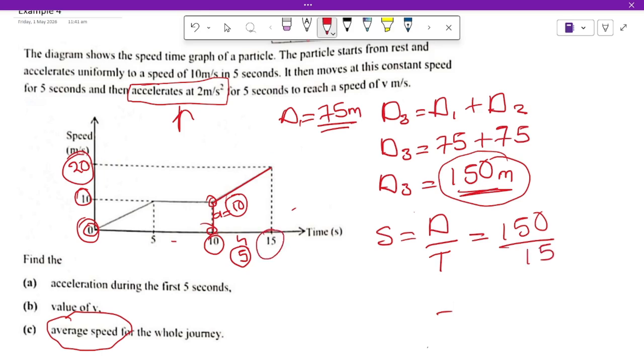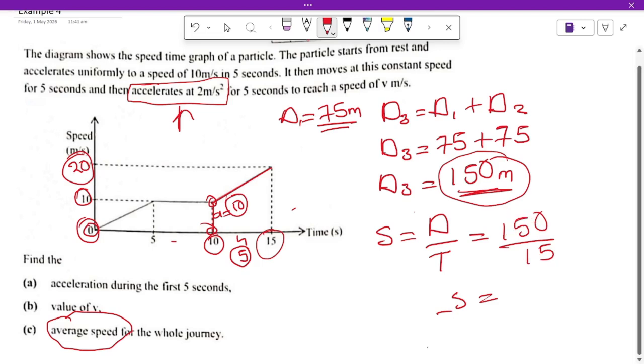So speed will be equal to 150 over 15. 5 into 15 is 3. 5 into 30 goes there how many times? Wait, what am I doing? I think I'm getting tired now.